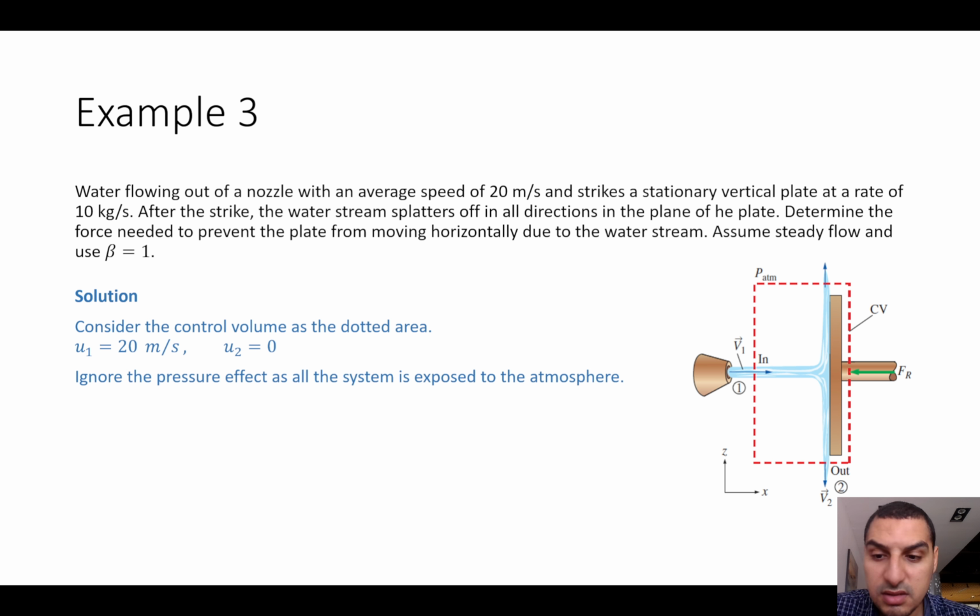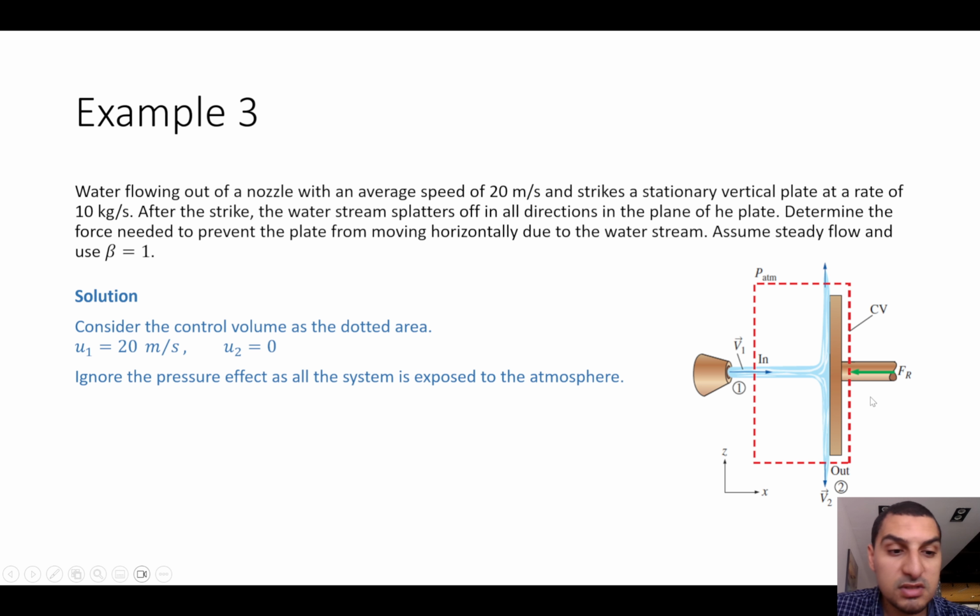Now, also for the pressure, if we want to analyze the forces, we said the forces are body forces, and here the gravity is ignored. We don't have any gravitational force here. For the surface forces, we have the reaction force, which is this.